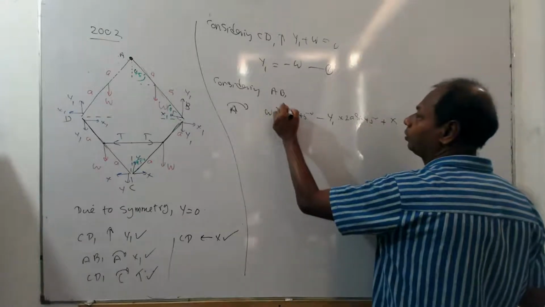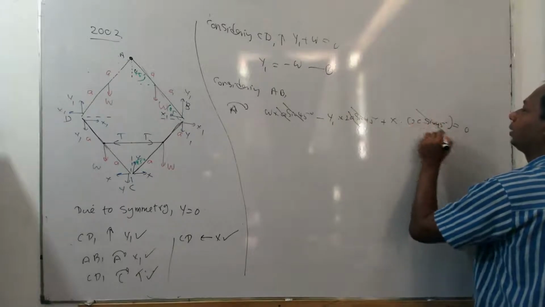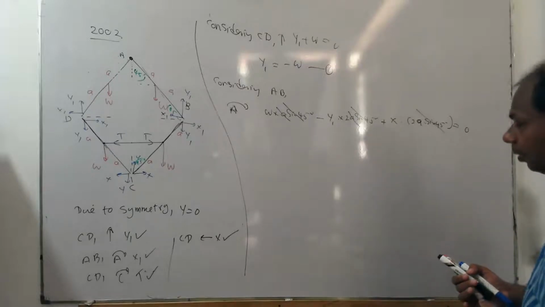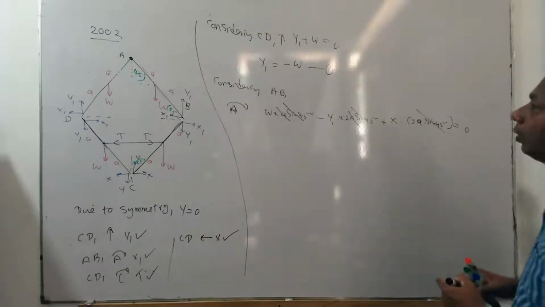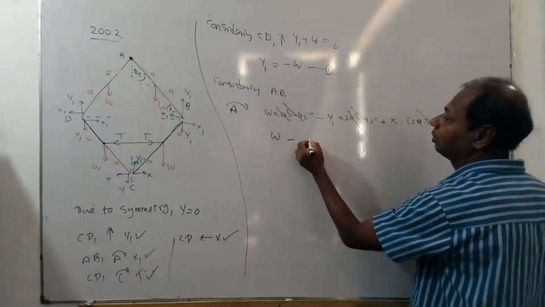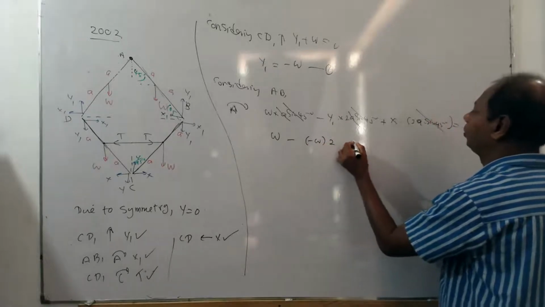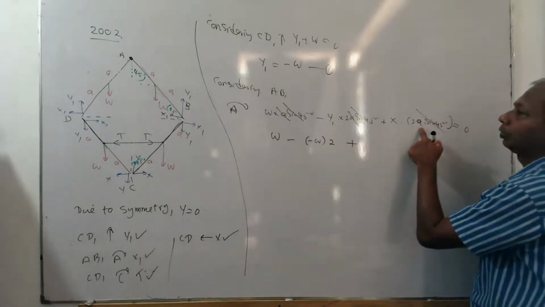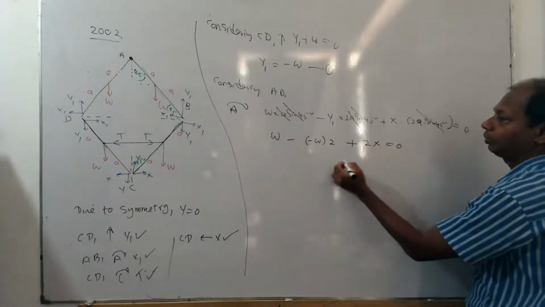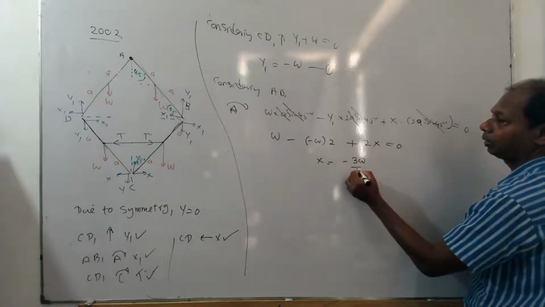The a sine 45 and cos 45 get cancelled. We get W minus y1, and y1 is again minus W, so W plus W into 2, plus 2x equals 0. Meaning x equals minus 3W over 2.